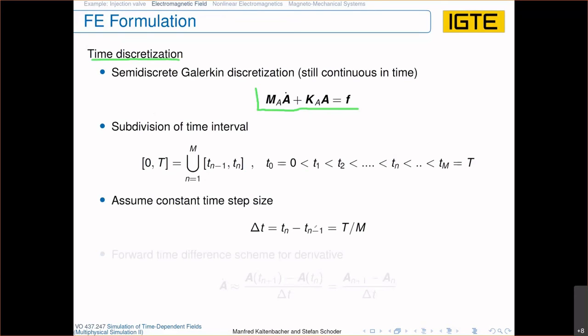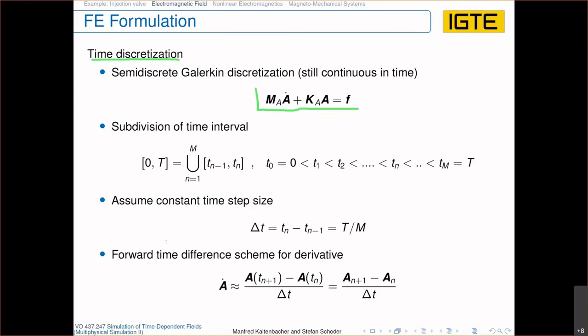Let's say we have here a subdivision, as you can see here, of the whole computational domain by m subdomains, and then we have a delta t which is equal for each time step. Now, what you apply here is the simpler thing. So we don't do again this introducing of basis functions as we have done for the space discretization.